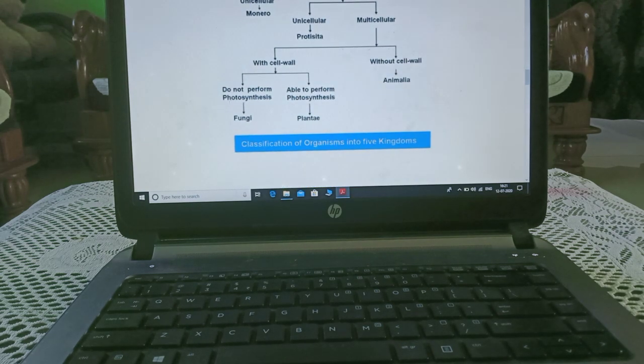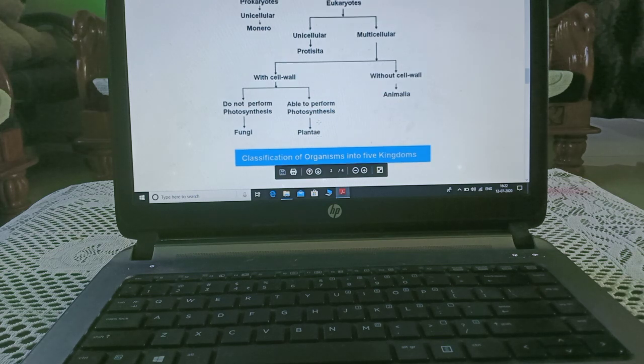Now here they have a cell wall, and they are divided into two parts. Those that do not perform photosynthesis were known as Fungi and those able to perform photosynthesis were known as Plantae. Now these five kingdoms were there according to Whittaker, that is Monera, Protista, Fungi, Plantae and Animalia.